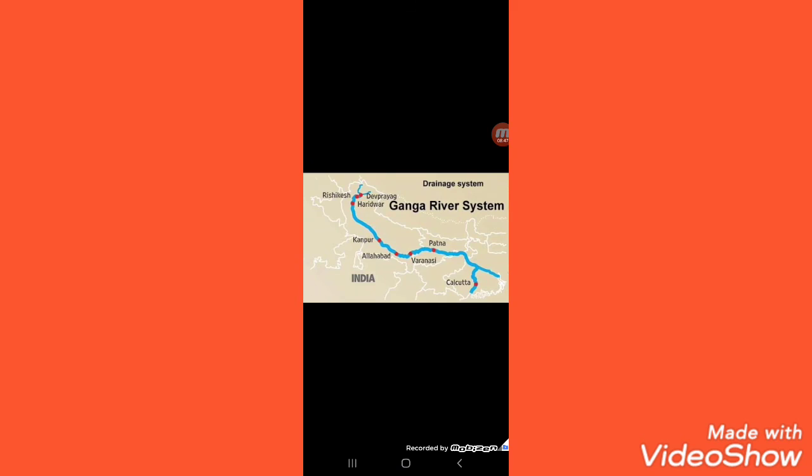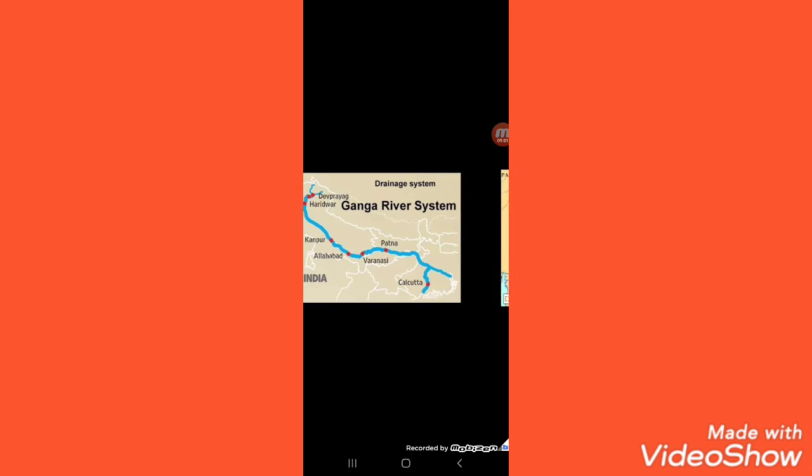Then in this picture we can see the Ganga river system. Numerous tributaries and distributaries lie in this region, and all the rivers run through the northern plains of India. These rivers and their tributaries take plenty of alluvium soil from the Himalayas and make the land very fertile.